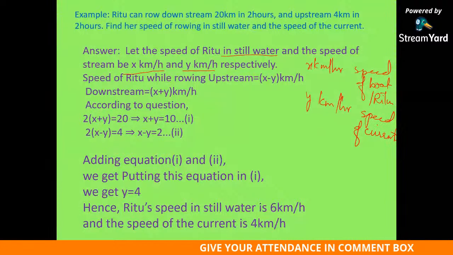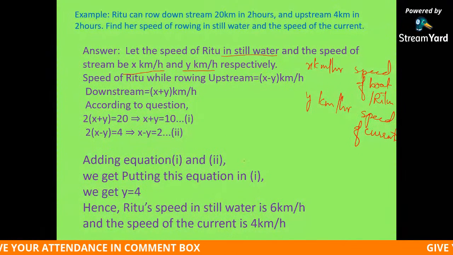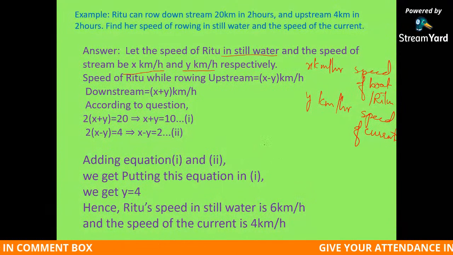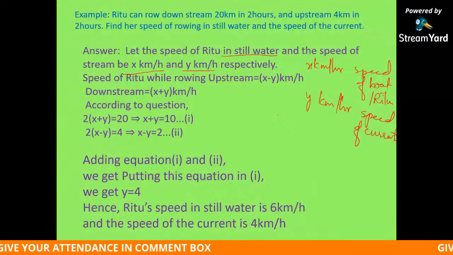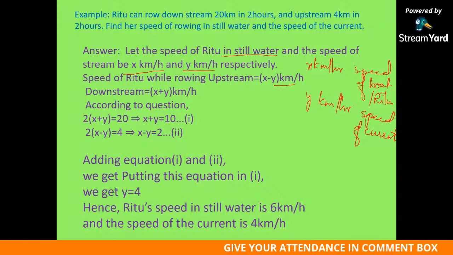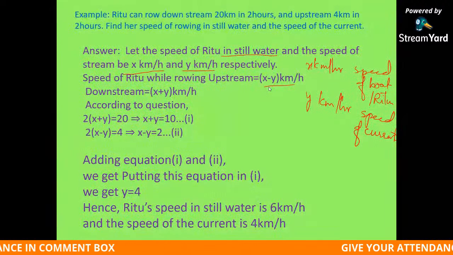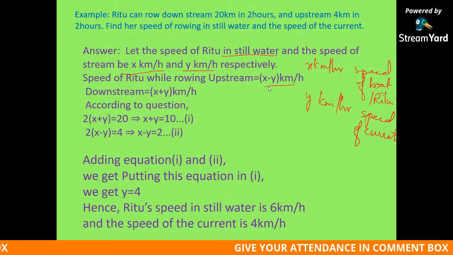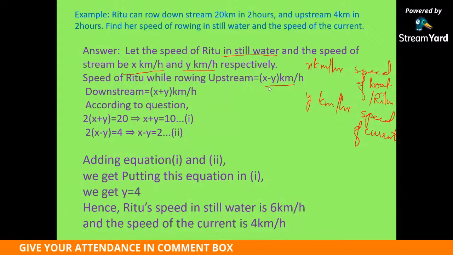We have to do the two considerations. Next one, speed of Ritu while rowing upstream. This is our day-to-day life experience that whenever we go upstream, our speed will be slower. This slow speed is because of the two bodies which are moving in opposite directions. One is the speed of the boat or Ritu, and another is the speed of the current.